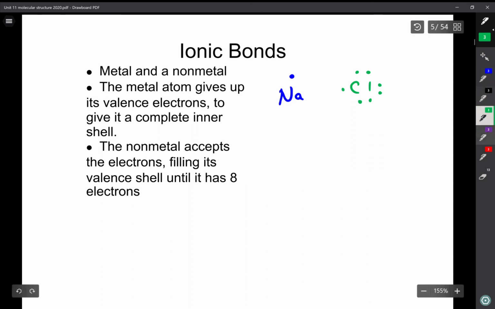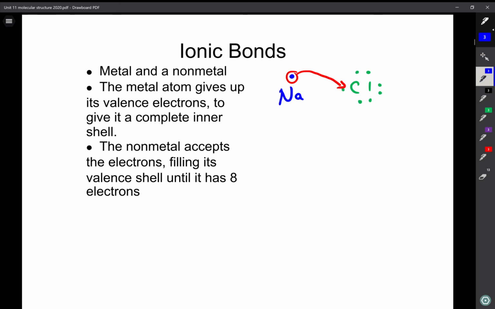So what happens here is that one electron will just come off of sodium and attach to chlorine. And the way we write the final answer, we write it as sodium, and we write it without the electron because obviously it's not there anymore. And we put the sodium symbol in brackets, put a plus sign on the outside, so it represents that it's a sodium ion.